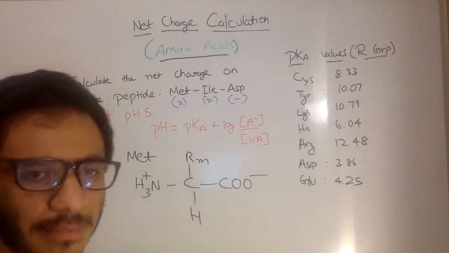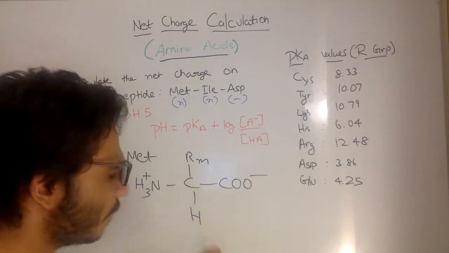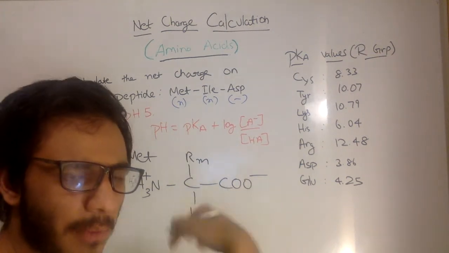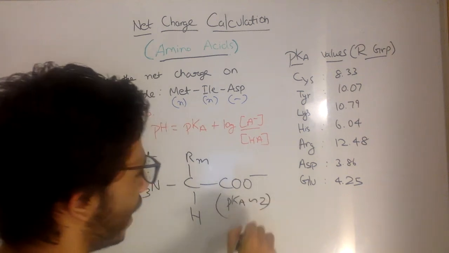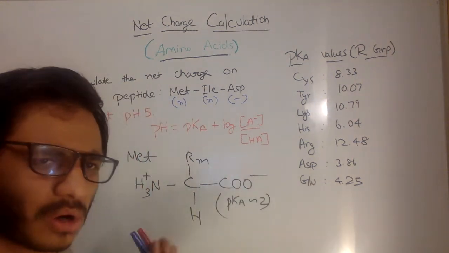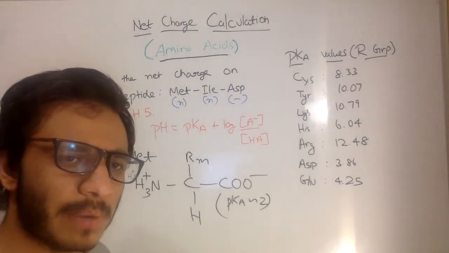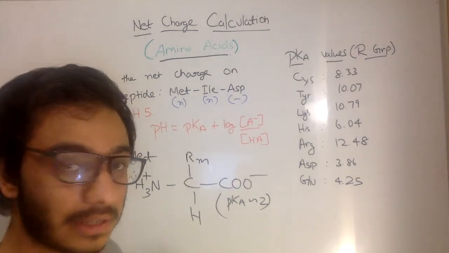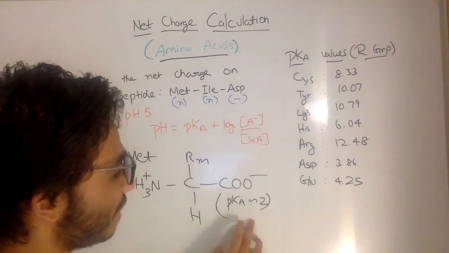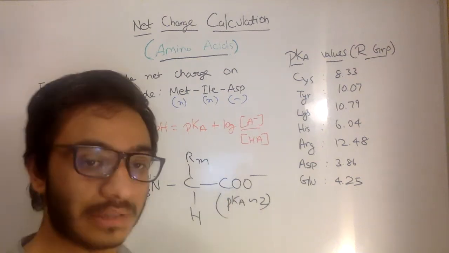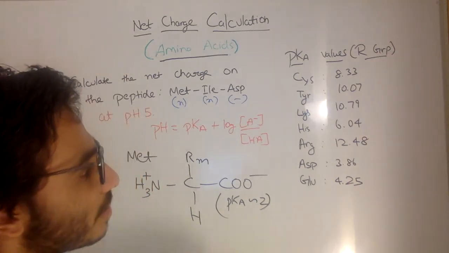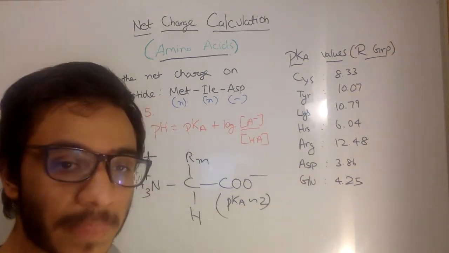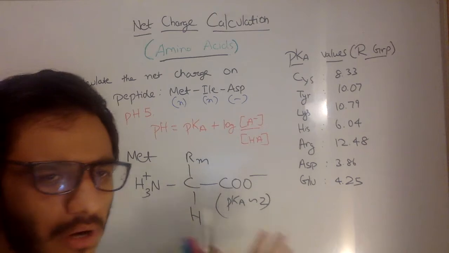Around physiological pH, we know that the C terminus, the carboxy group, has a pKa of around 2. This is true for most amino acids. Some have below 2, like cysteine, where the pKa for the carboxy group is around 1.7, but for some it's more than 2, like histidine, though we can approximate it to around 2.